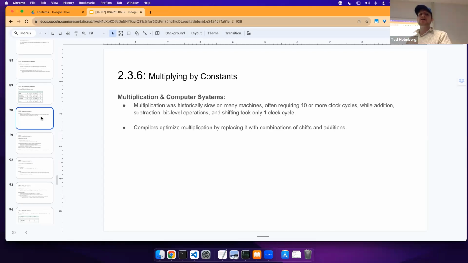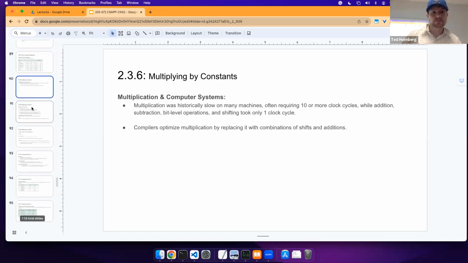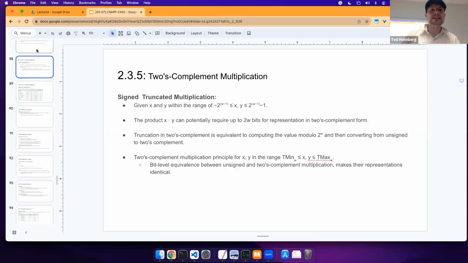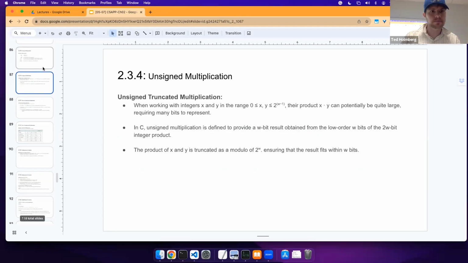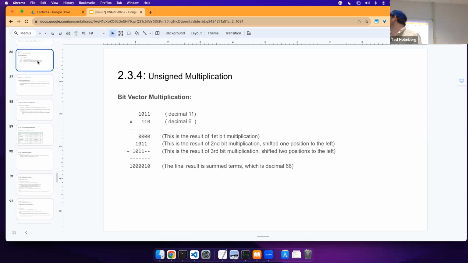So what compilers typically do is they optimize any kind of multiplication operation by redefining it as a combination of shift operations and additions. Intuitively, you can see how that works when I laid this out earlier, where we're shifting our sequences across and then just adding them together.